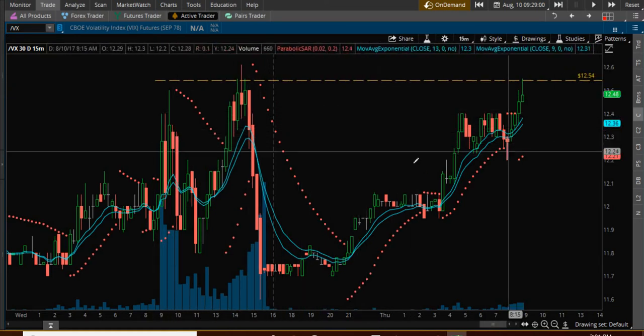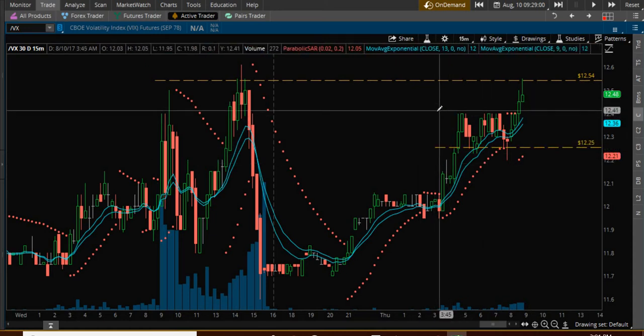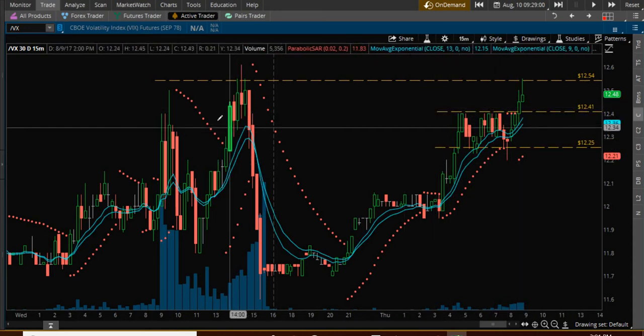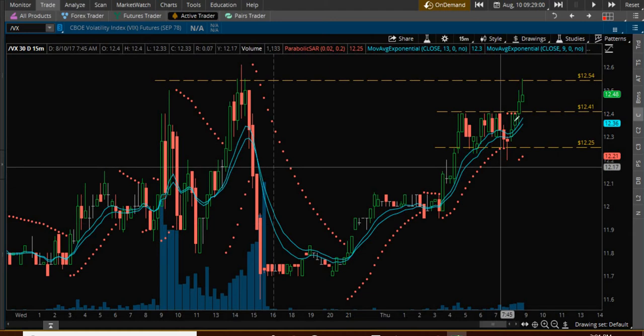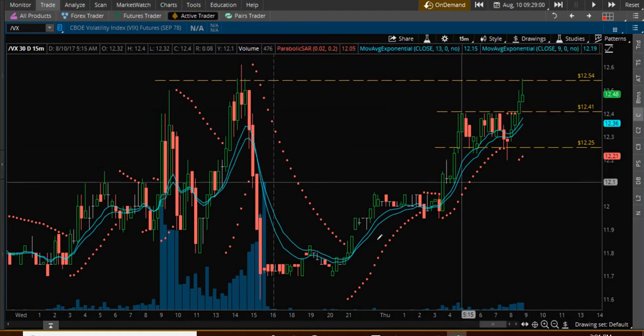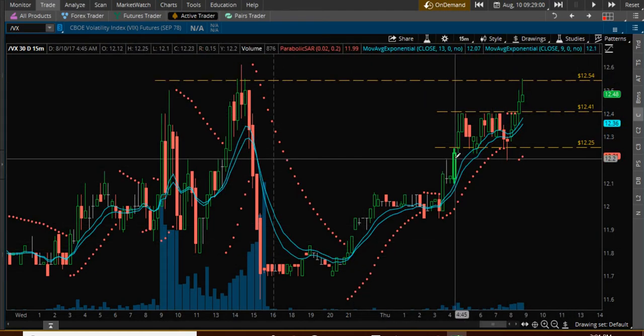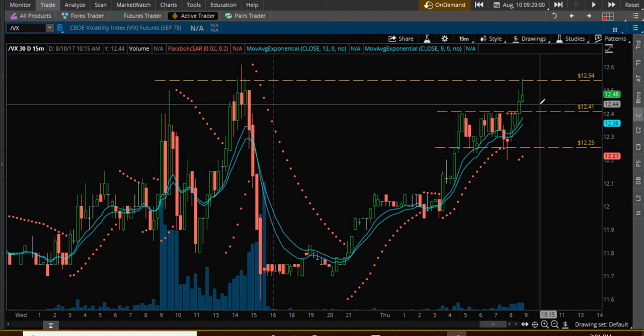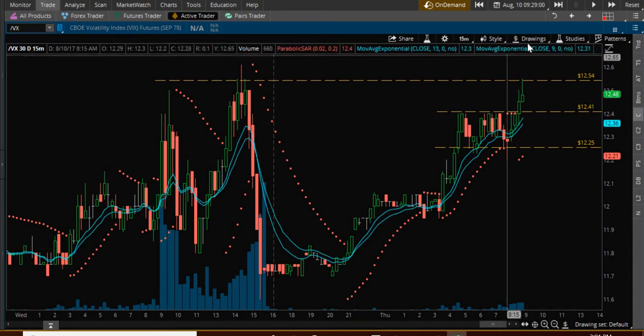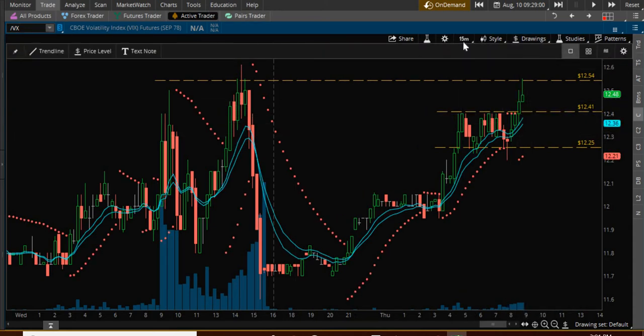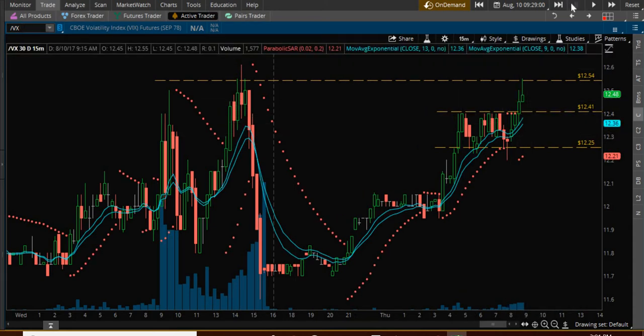All right, got some good support here, resistance here. And so having a strong VX, I expect to see some sell-offs in the stock. Let's see what we have.